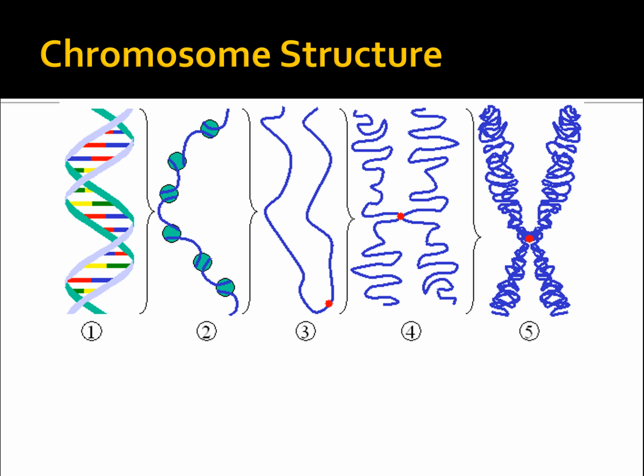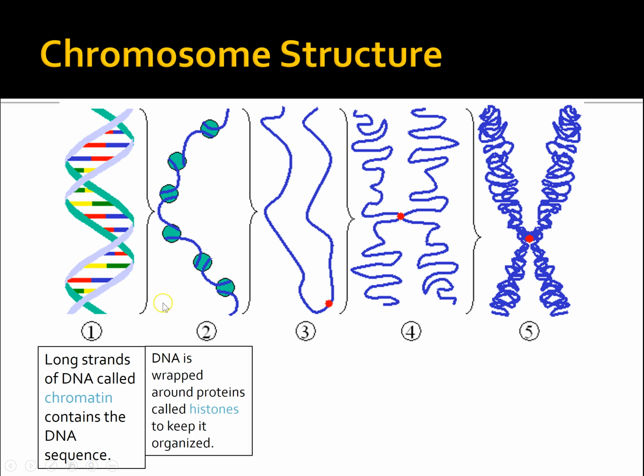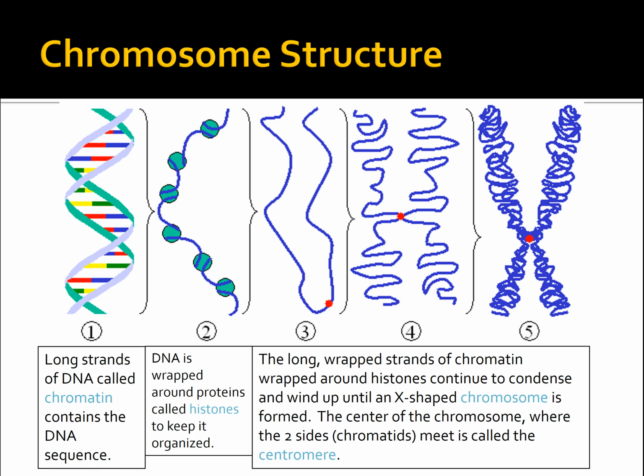So again, let's take a look at how chromosomes are formed from DNA. We start with long strands of DNA called chromatin, and those contain the DNA sequence. You can see the double helix here, and the A's and T's and C's and G's bonded in the middle. And that long strand of chromatin wraps around proteins called histones, these little ball-shaped proteins, to keep it organized.